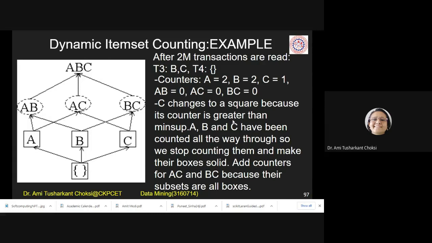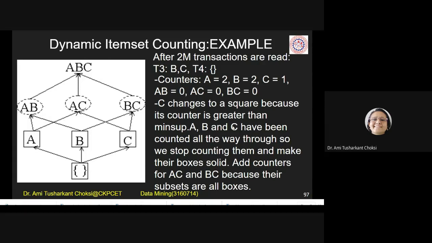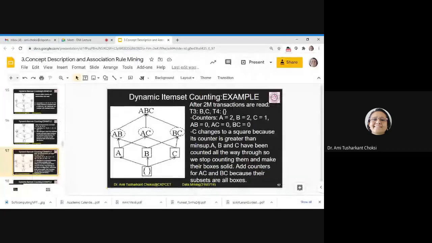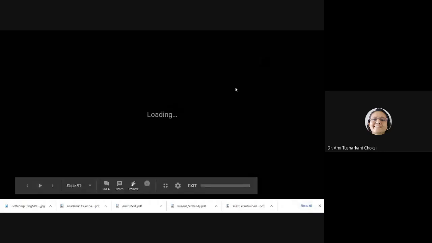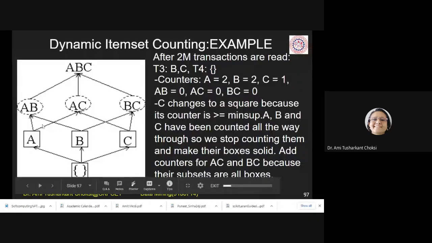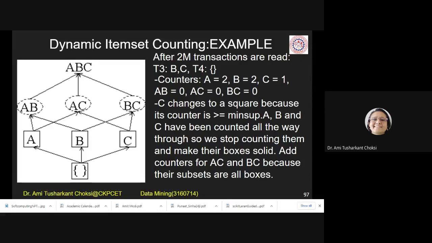Greater than or equal to, it is better to write it this way. Greater than or equal to the minimum support, fine. So we make A, B, C the solid boxes.